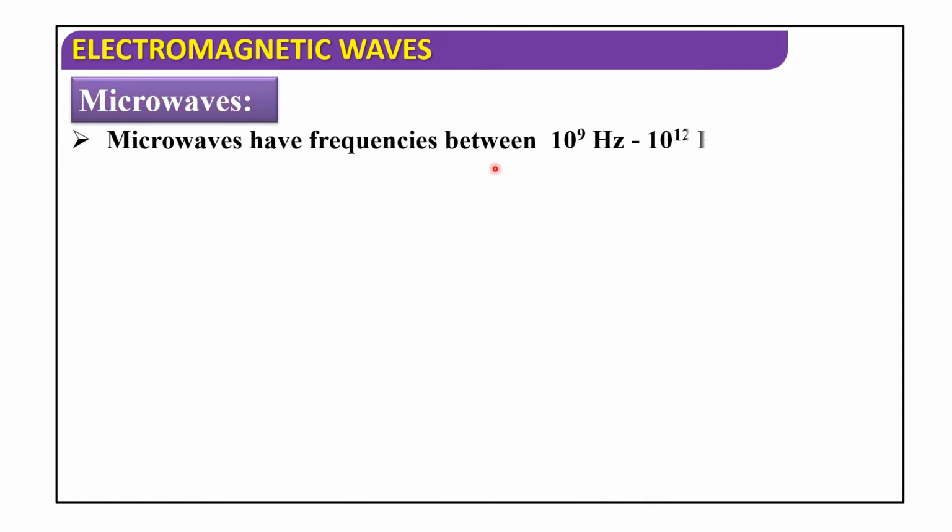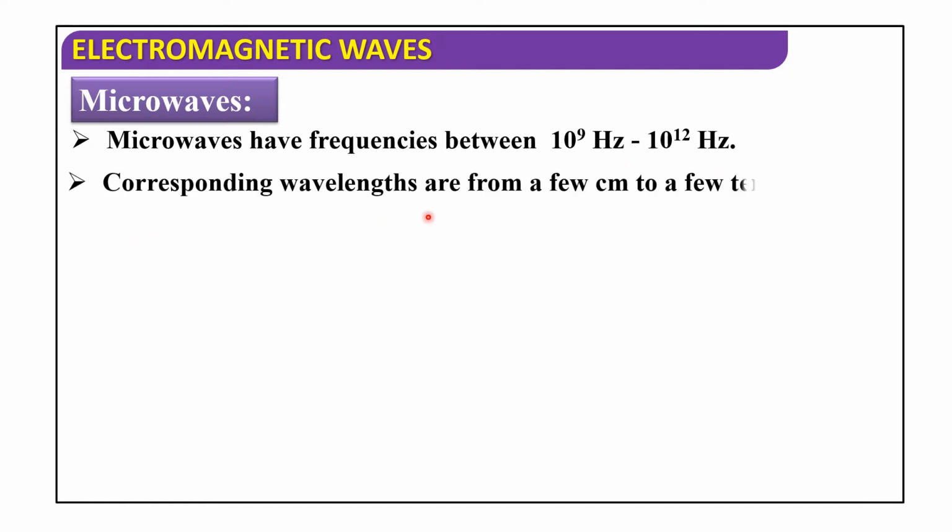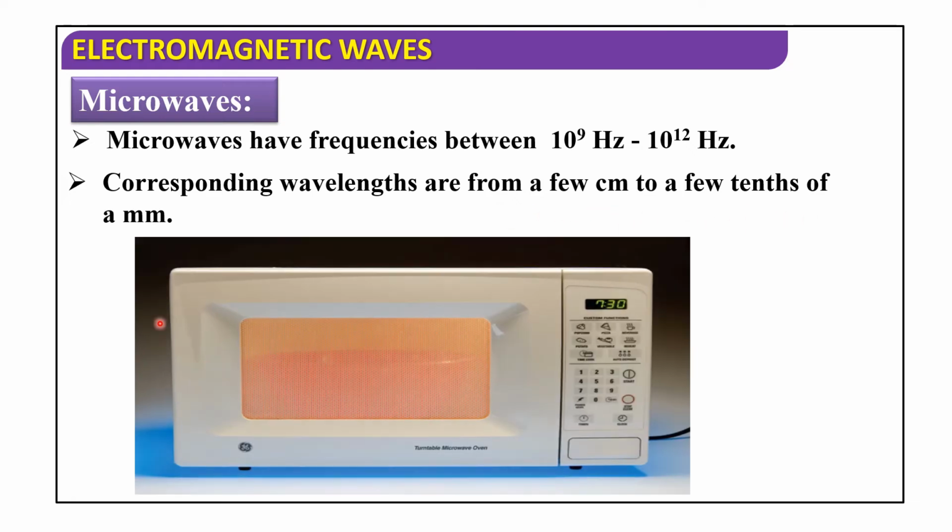Microwaves have frequencies between 10^9 Hz to 10^12 Hz. Corresponding wavelengths are from a few centimeters to a few tenths of a millimeter.